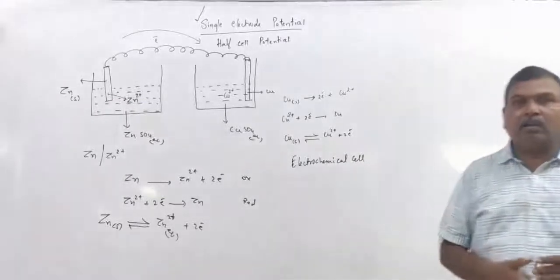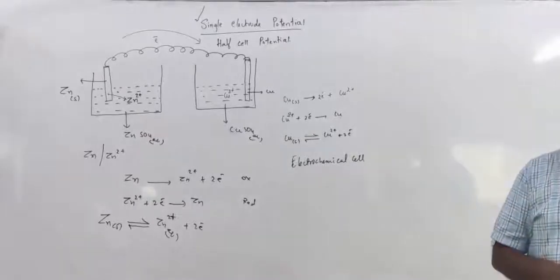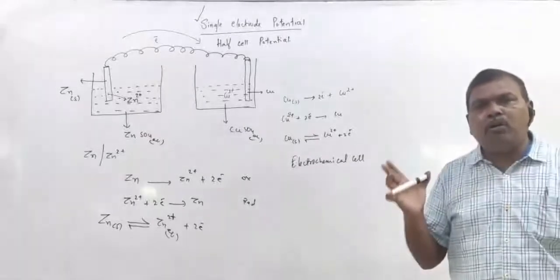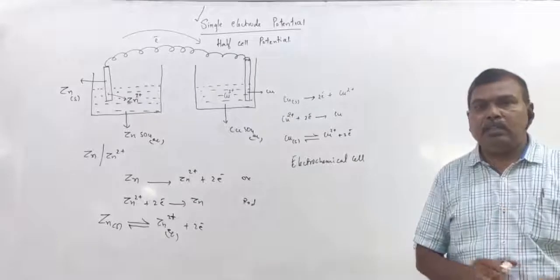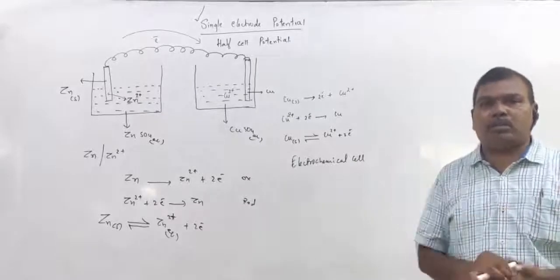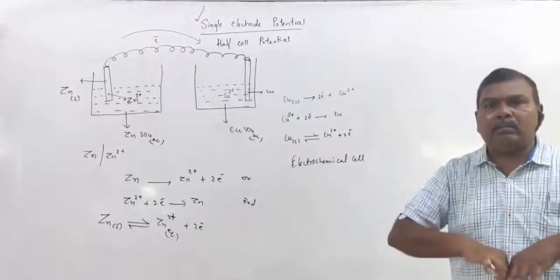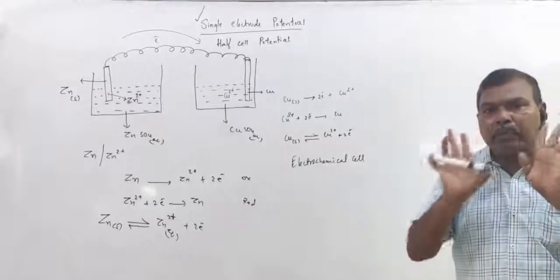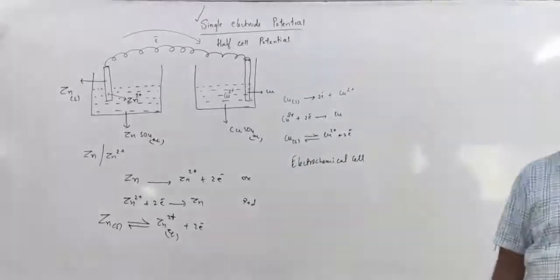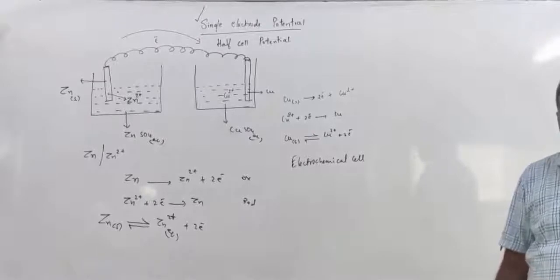Remember, not only zinc and copper, any two half cells, any two electrodes, when connected, become an electrochemical cell. Is it clear?